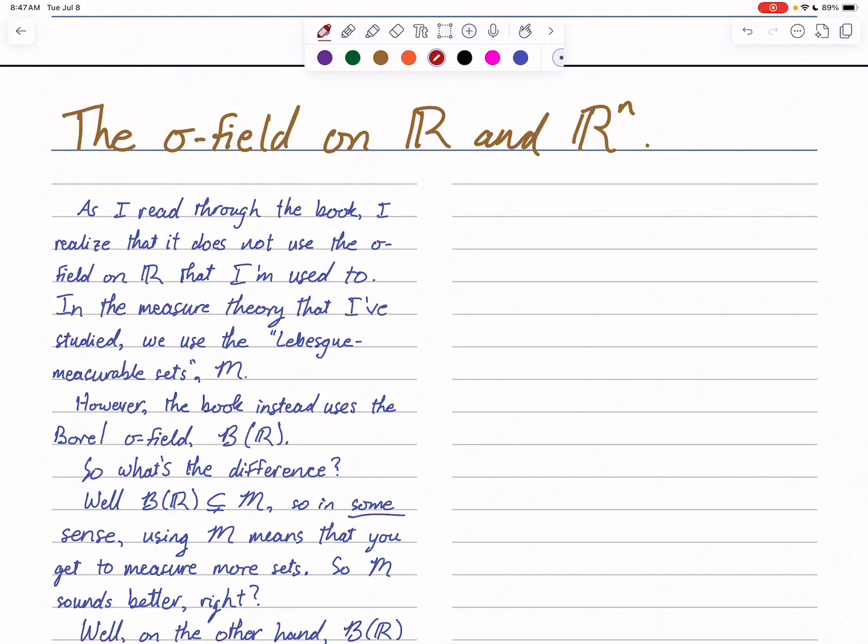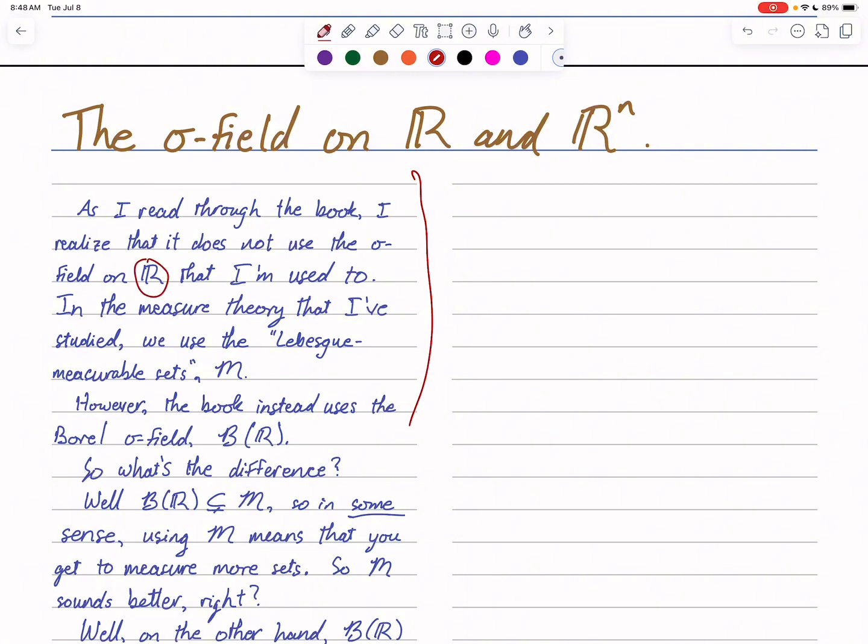Now, just to give a little bit of discussion about why I'm doing some of the things that I'm doing, as I've read the textbook, it has become clearer and clearer that the book is not going to use the sigma field on the real numbers that I'm used to.